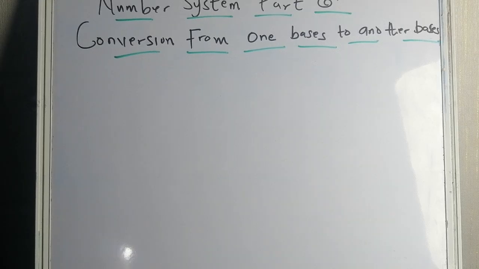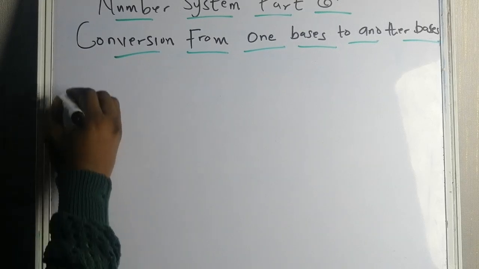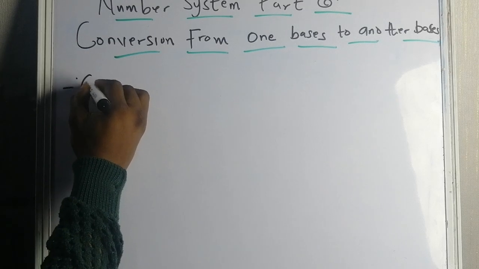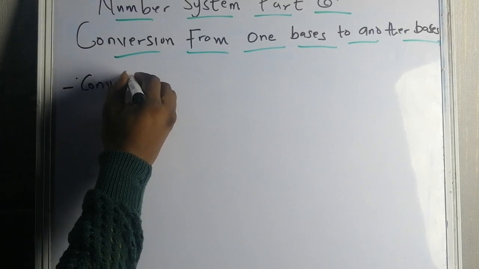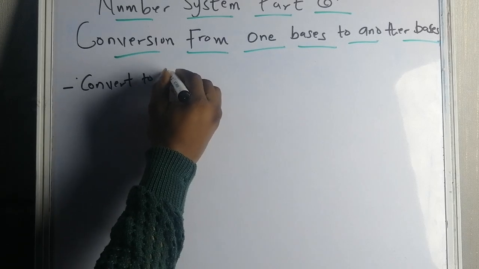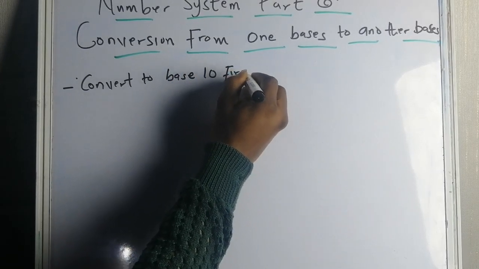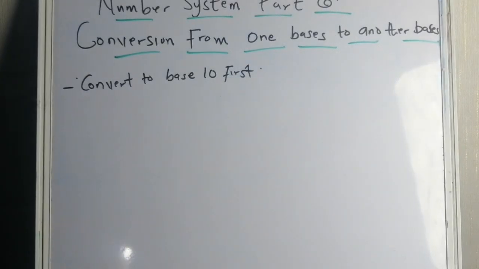So what's the condition here? The condition you need to note here is that the first thing you need to do is to convert to base 10 first. You convert to base 10 first. Okay?